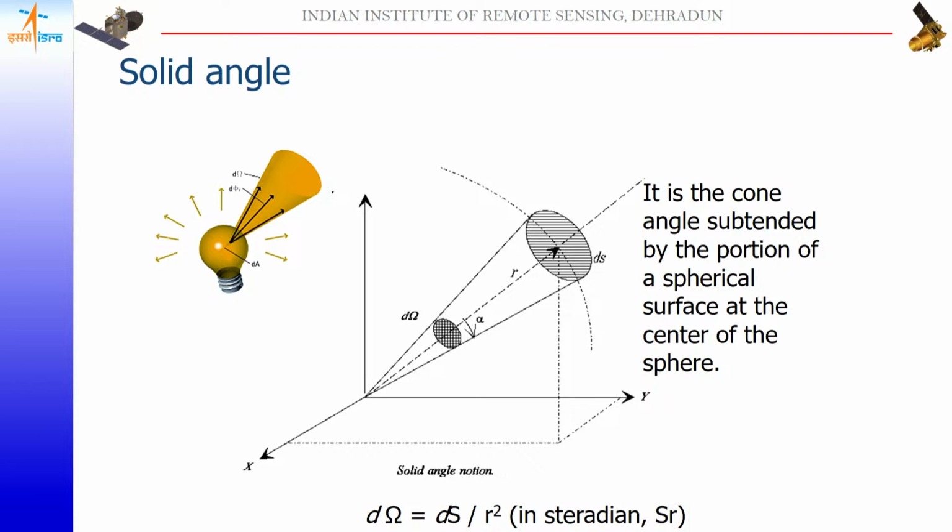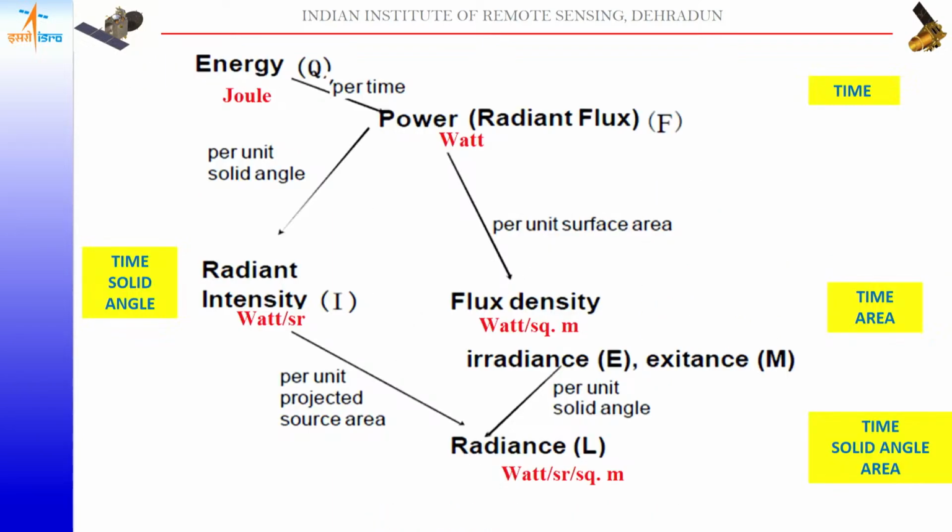So the solid angle is defined as the surface area of that circle on the surface of the sphere divided by the square of the radius. So this is the solid angle and its unit is steradian. Here, st means solid, 3D, and radian is the unit of angle. So in 3 dimensions, the solid angle is defined in steradian.